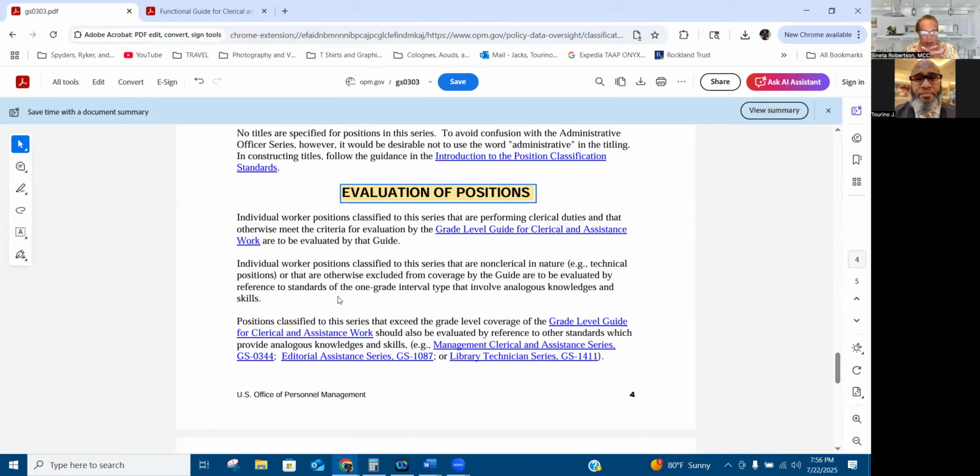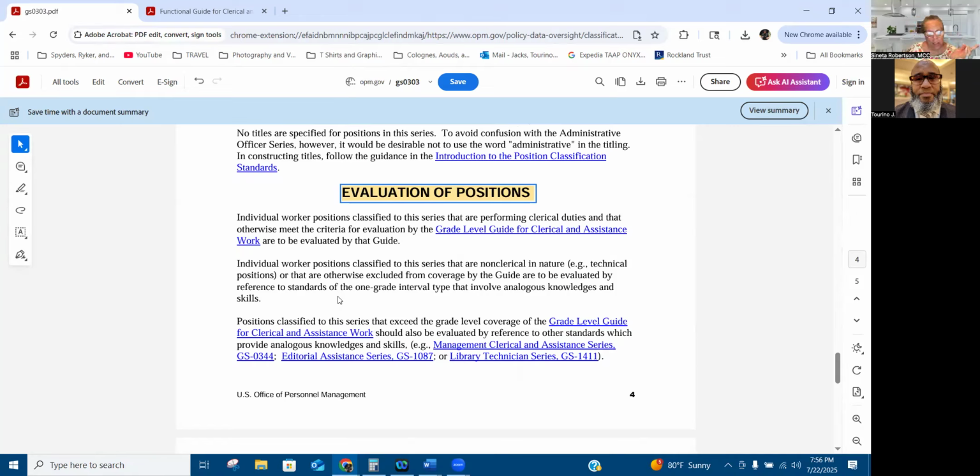You're just using that as one of the occupations. So that's why the primary purpose of the position matters. If it's strictly clerical, then you use this guide. But if it has other types of work in there, say for instance some medical work, you may want to go to a medical assistance clerical guide and see if the work matches up more to that.